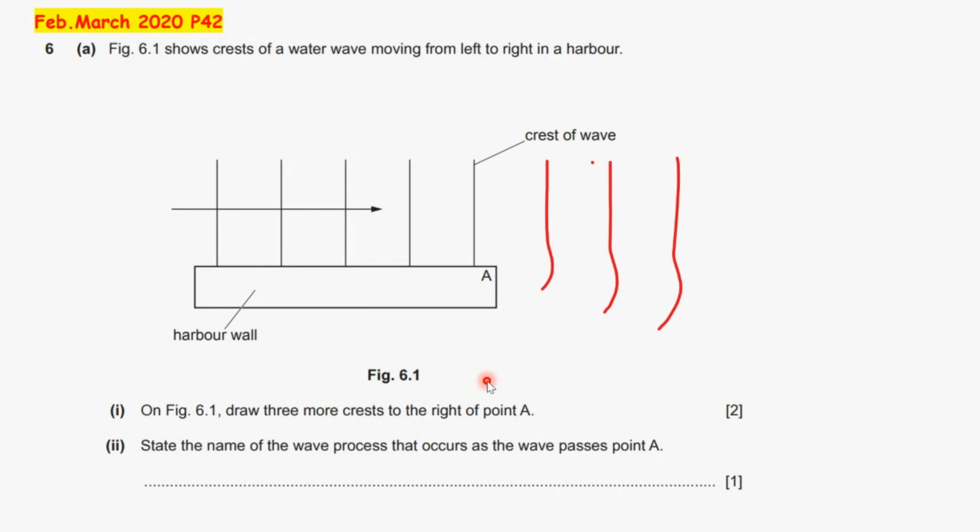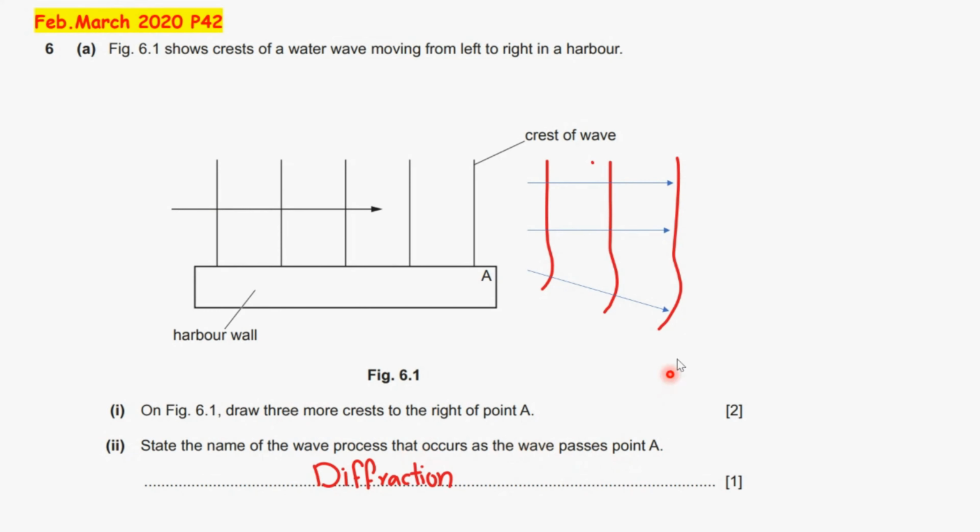And please do not forget, after drawing the diffracted waves, to draw these rays. They represent the spreading out of waves after passing through or close to the harbor wall. In part ii, the examiner is asking to state the name of the wave process that occurs as the wave passes point A. As I already mentioned, this is diffraction.